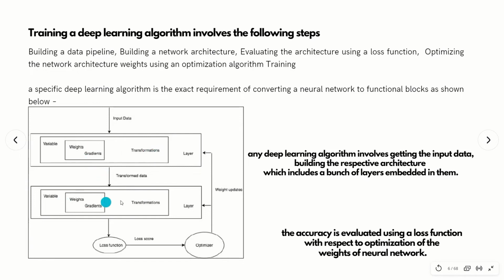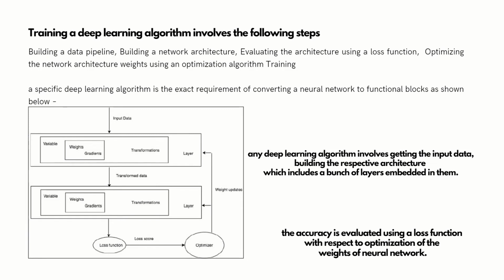So these are the transformation layers, one after the other, in which the required transformations keep on happening, followed by an optimizer, which will help in optimization of the architecture, the weights involved in this architecture, and there is a loss function. Now the accuracy of the model or the architecture is evaluated using a loss function.